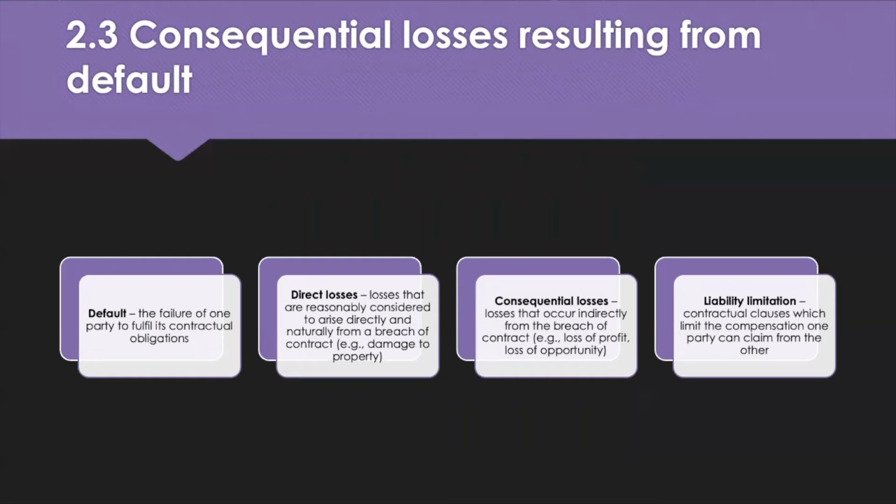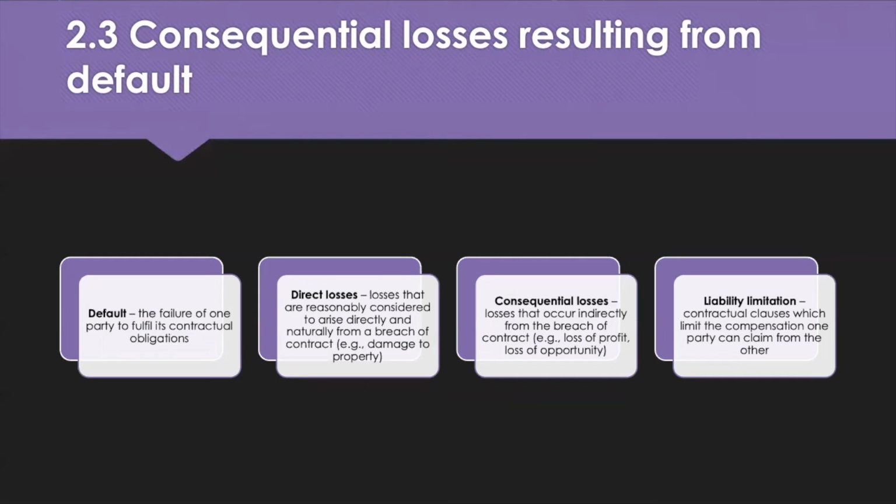Now, whenever a party defaults on its contractual obligations, the other party is likely to suffer a loss, and losses can be significant. So clauses are included to protect the project against large costs. Limitation of liability is particularly common in construction projects. In cases of major default, the other party may suffer a direct loss or a consequential loss.